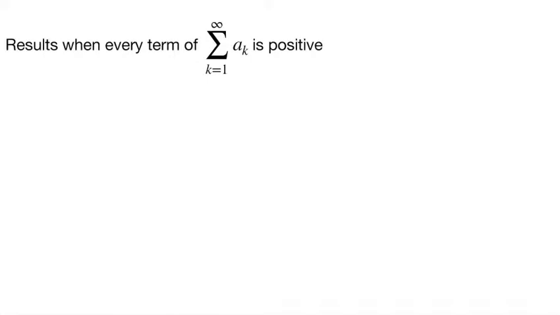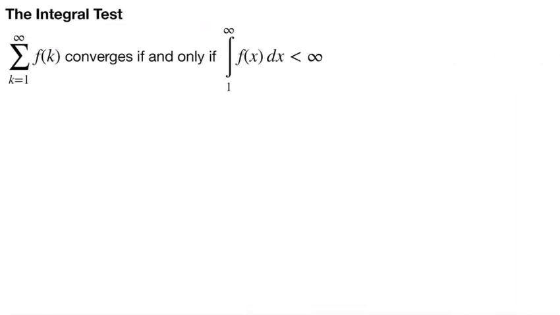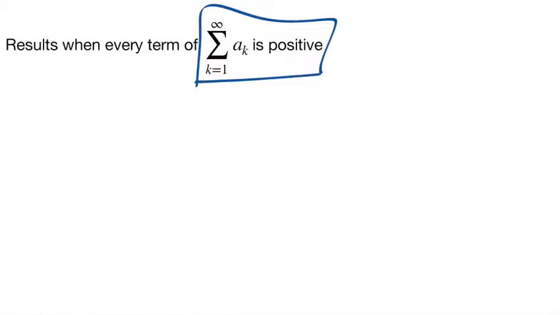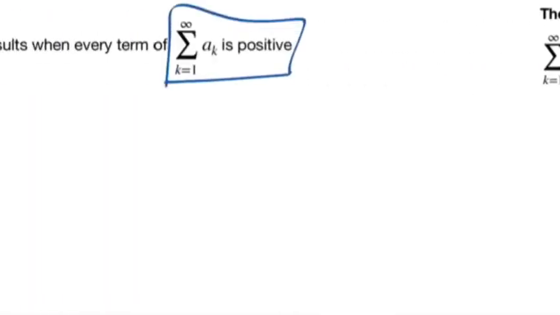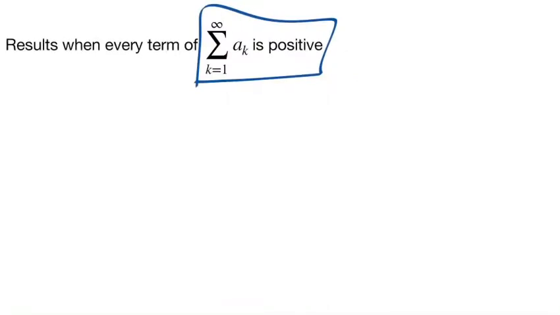Okay, let's shift forward a little bit, and what we're going to do for the next few proofs is we're always going to assume that a sub k is positive, and a sub k being positive gives us a few really important results. One important result is just noticing something that's true about these a sub k's.